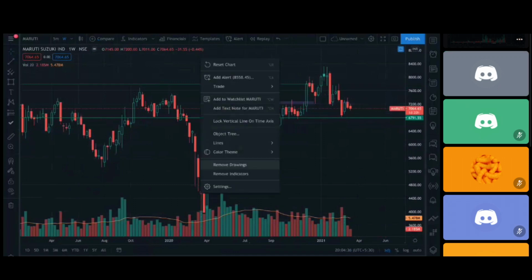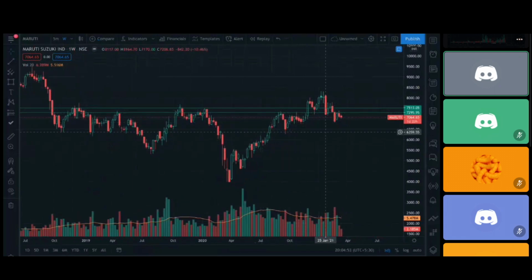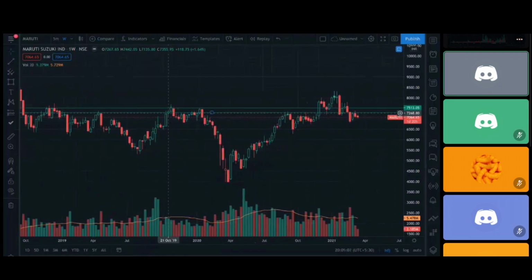So this is one level, right here. And this is another. Between these becomes your zone. This is what we call a zone. You can see there's a lot of choppy movement happening here, and the stock is breaking out of here. But whatever breakout is happening after this particular line is kind of a fake out.